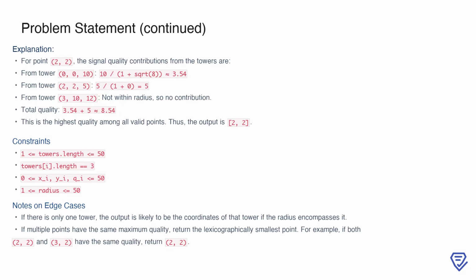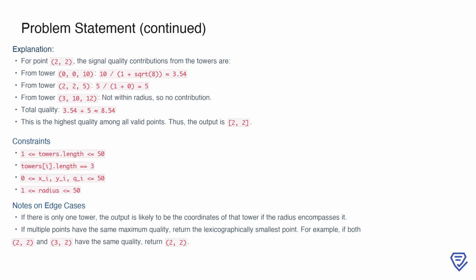Now, let's examine the second example. Here, we have three towers located at [0, 0], [2, 2], and [3, 10], with quality factors 10, 5, and 12 respectively, and a radius of 5. At point (2, 2), the signal quality from the tower at (0, 0) is 10 / (1 + sqrt(8)), which is approximately 3.54.